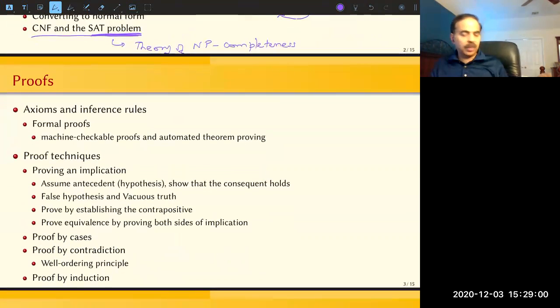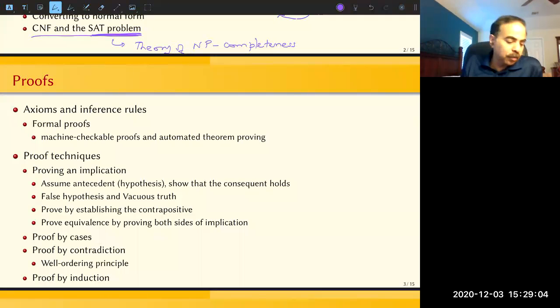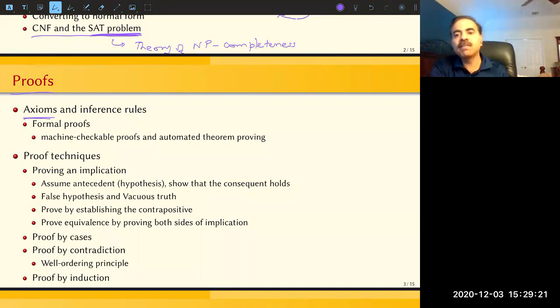So one of the other things that we did throughout the course is to study proofs. So how do we prove theorems, right? So how do we show that something is true? And the general approach for proving is we have some set of axioms, which you can think of as assumptions, which we believe to be true, right?